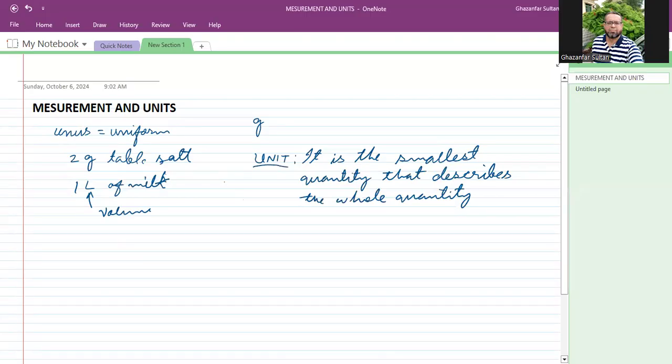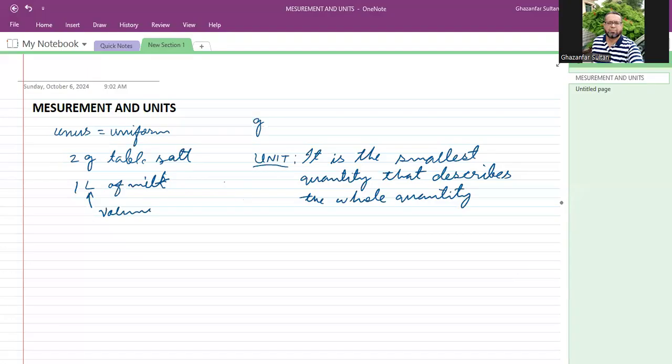Now see, if you say something is, for example, 2 gram table salt or 10 gram table salt, what does it mean? If you know the quantity in 1 gram, then you can understand how big 10 gram would be.